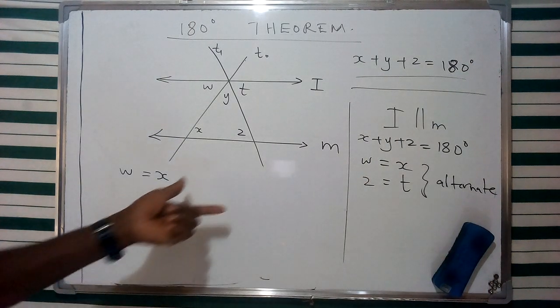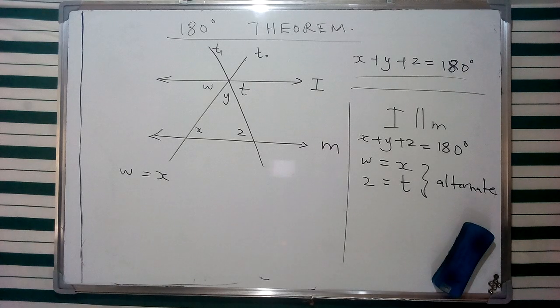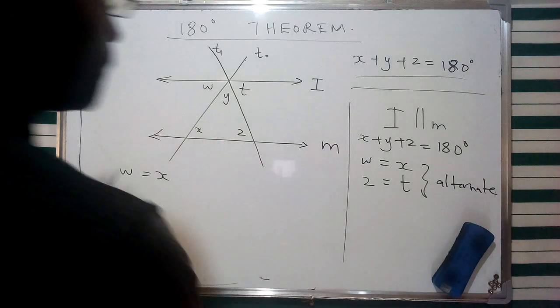And this is going to give us a general conclusion, whereby we see that the sum of measures of the three angles in a triangle will always add up to 180 degrees.